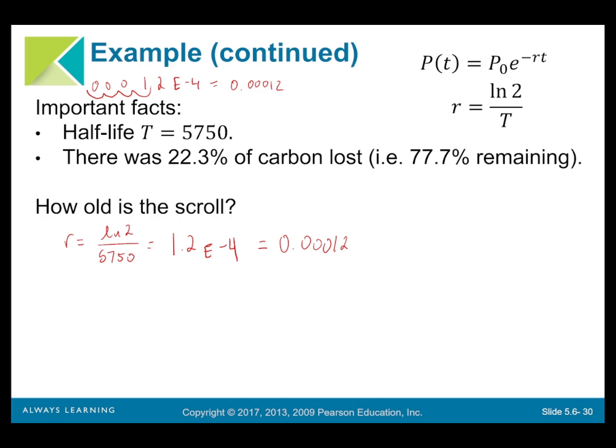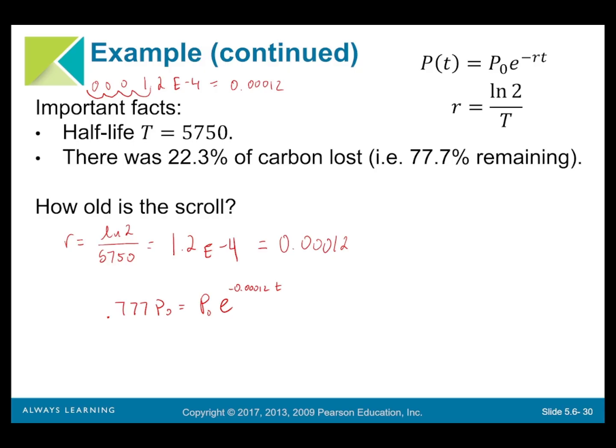So we don't know what our P0 is, but we do know at this time that we're solving for, we have 77% of P0. So that's 0.777 P0 is equal to P0 e to the negative 0.00012 t. Again, I don't know the initial population, but that's okay.